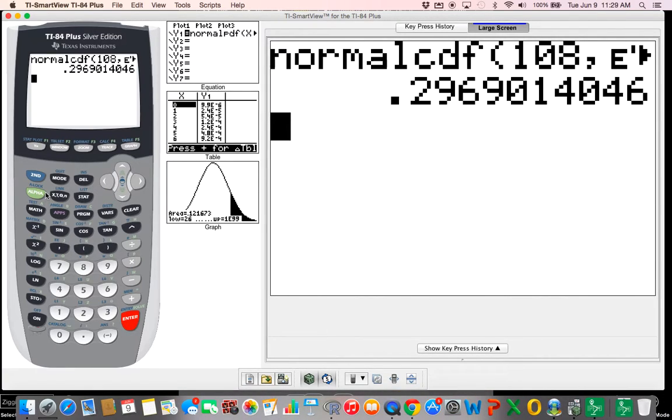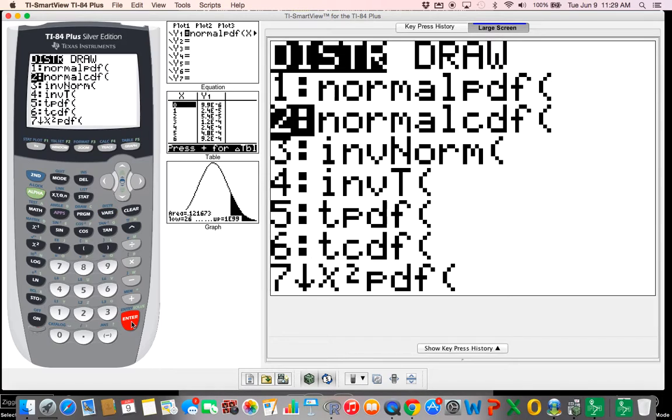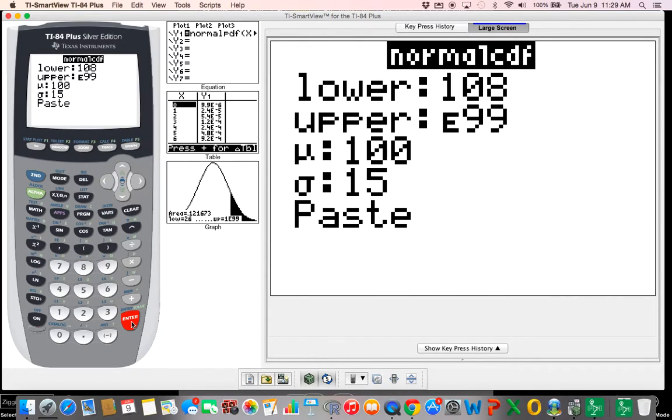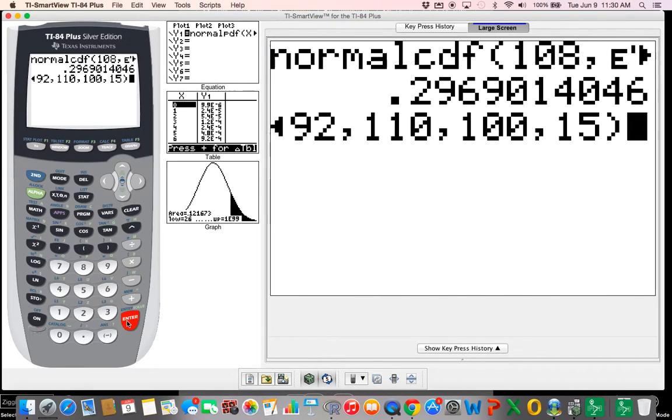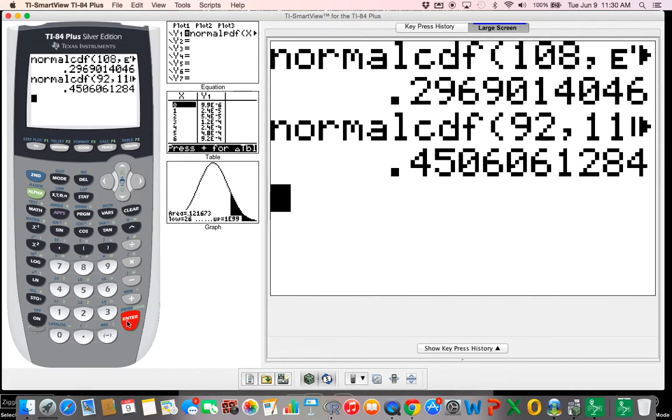The next problem we want is between 92 and 110. So the answer here is 0.4506. The next question is below 120.